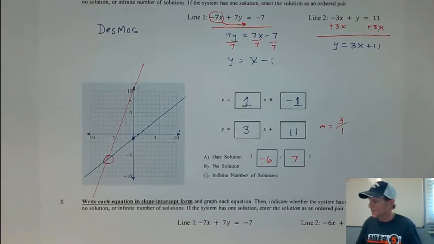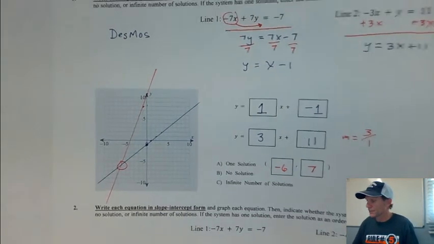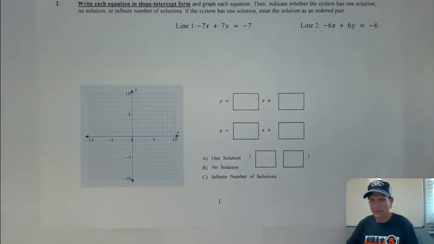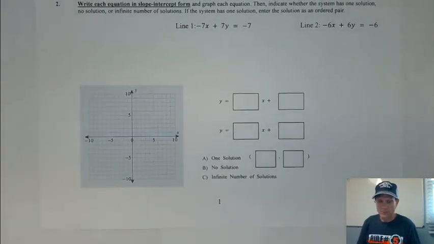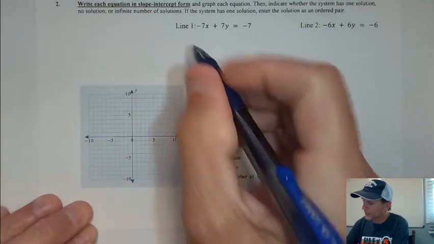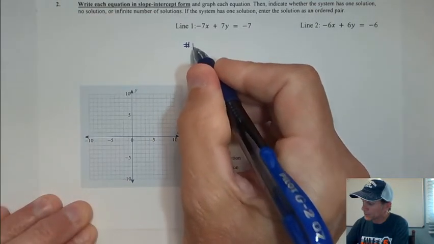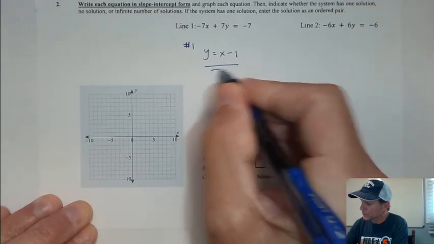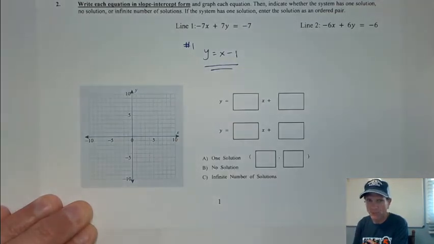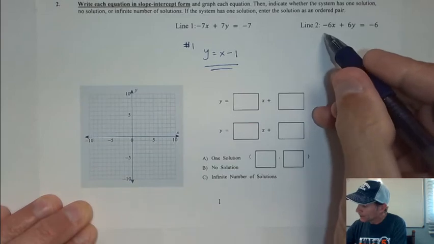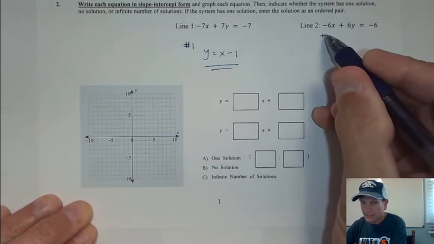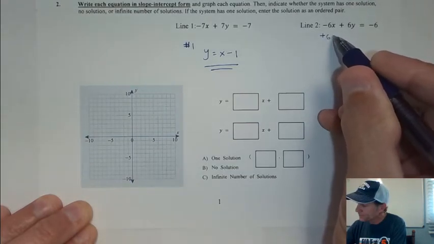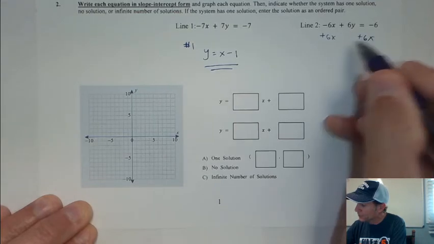Okay? So let's look at one more in this video. This equation right here, we already changed in number 1 to slope-intercept form, and it was y equals x minus 1. So it's just a repeat of that first equation. And then looking at this one, we have add 6x, or we could use the moving technique.